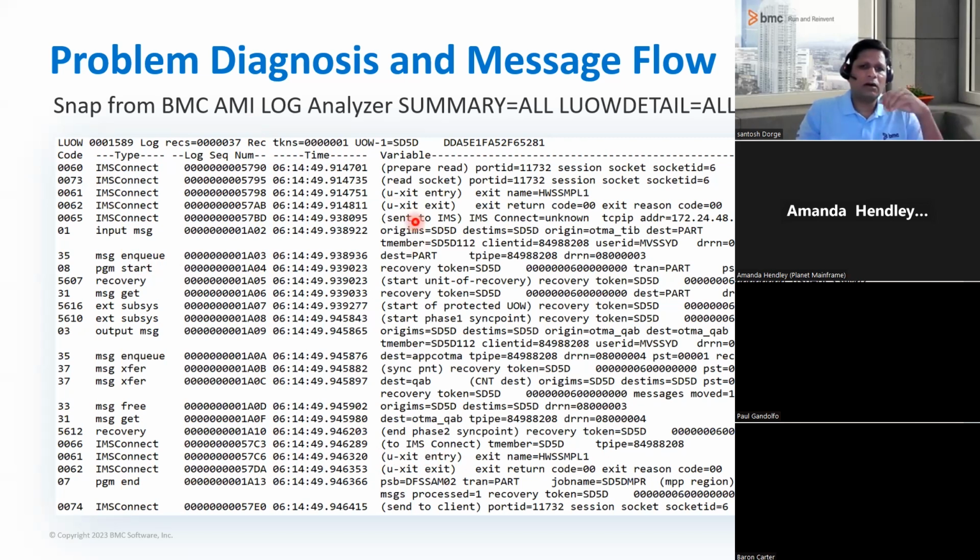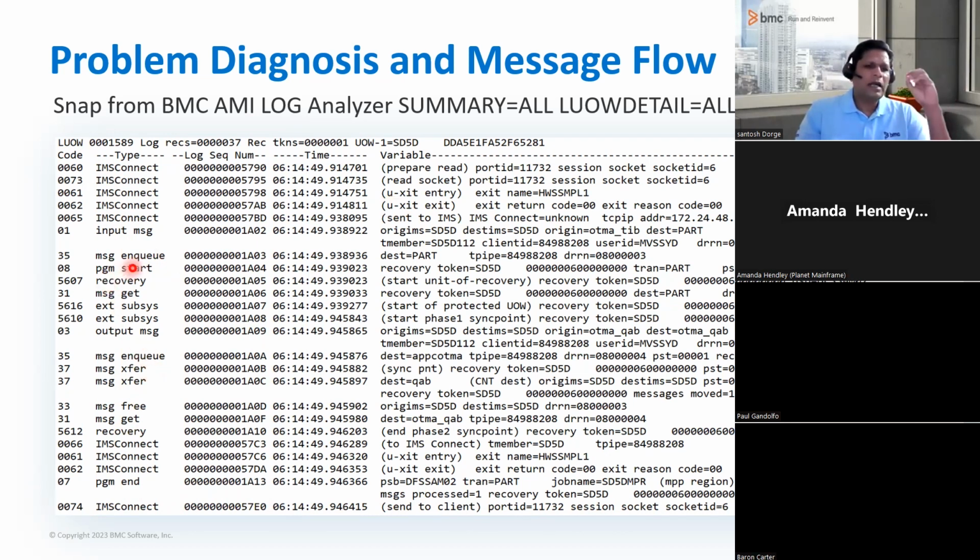So what we sent to IMS, what we are receiving from IMS, what the exit received, what was sent from the exit, and then the program ended, and then at the end, IMS Connect closes the socket connection.